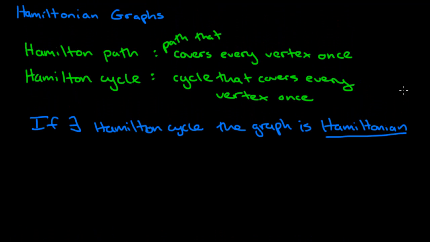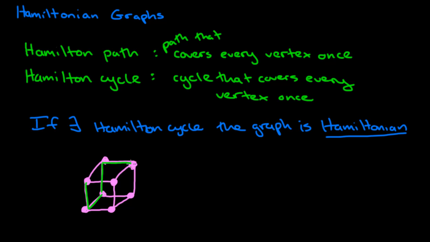So let's take a look at an example of a Hamiltonian graph. This graph is actually called a cube for fairly obvious reasons. It looks like a nice box or cube, and what we can do is look carefully and find a Hamilton cycle. So it's going to be a cycle in this graph which hits every vertex. For example, we might start at this top left vertex and go down and then across to the other face and then up using that edge.